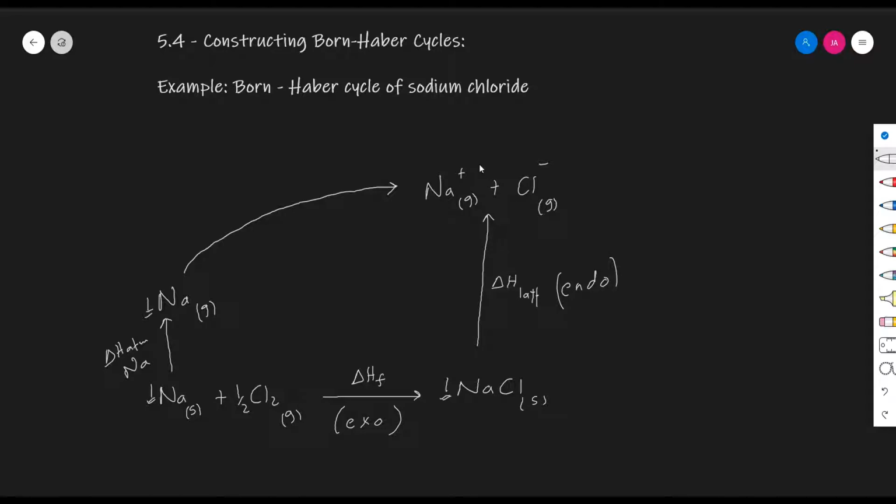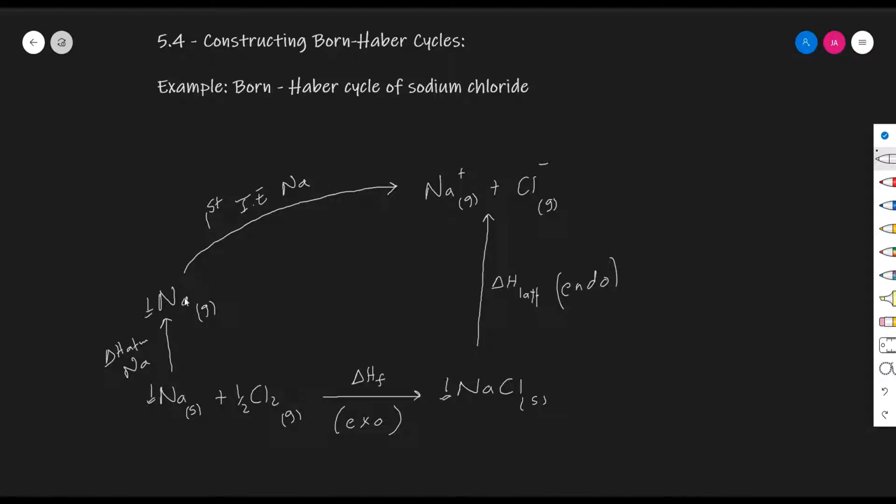I would only require to ionize sodium once, since it has a +1 charge. Therefore this process here would represent the first ionization energy of sodium. Thus, I've converted sodium solid into a gaseous ion by first converting it into a gaseous atom, which is the definition of enthalpy change of atomization.